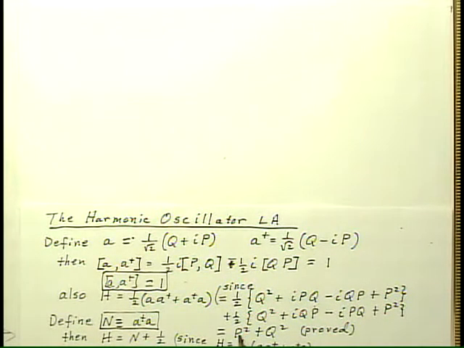Therefore, we've proved that the Hamiltonian H, apart from h bar omega, can now be written as P squared plus Q squared.